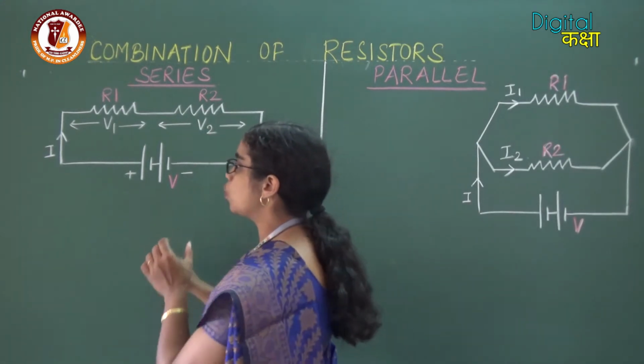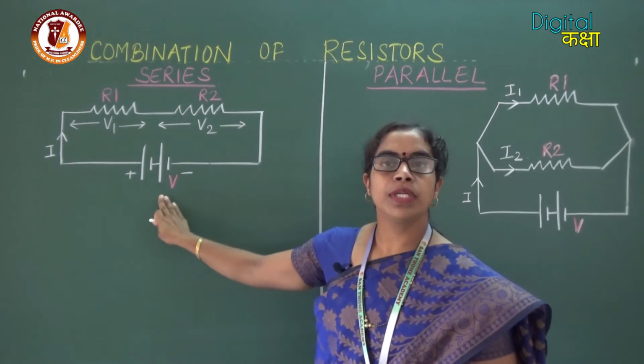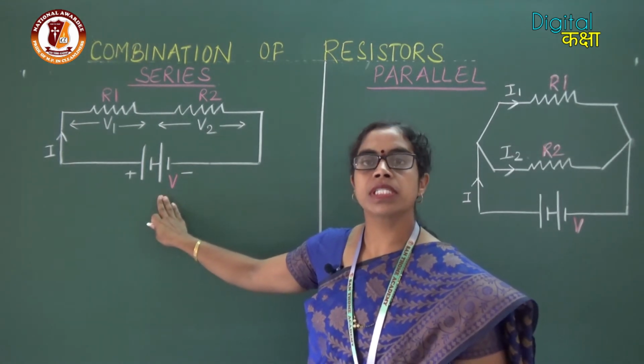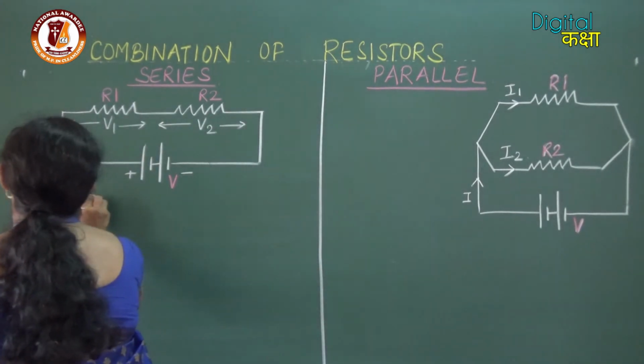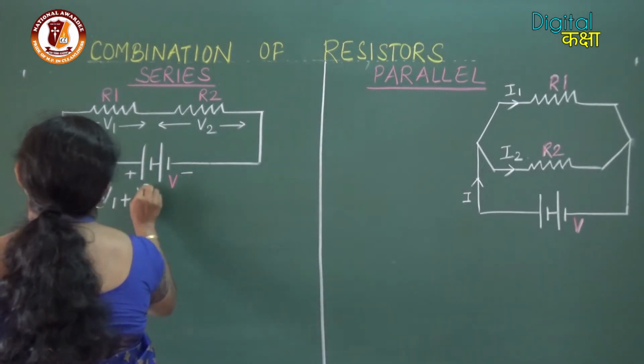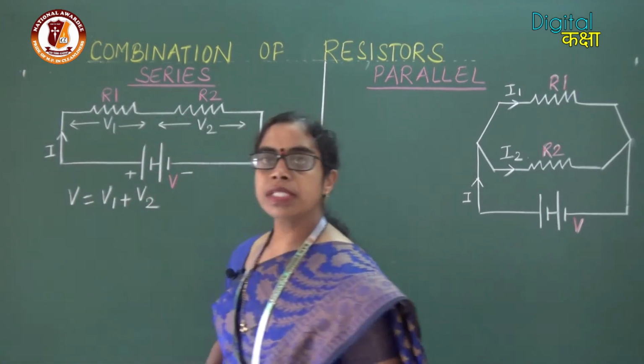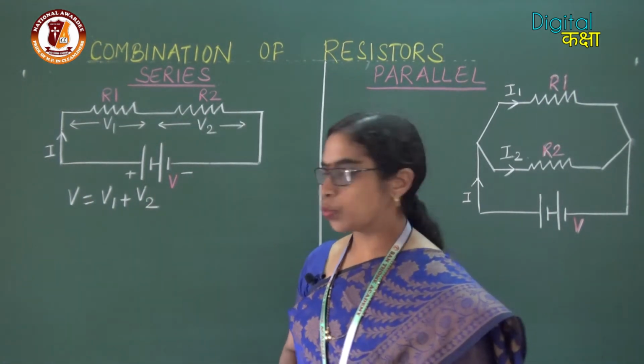The sum of these two gives us the total potential difference supplied to the circuit. So we can start the derivation with this step, where we write V is equal to V1 plus V2.